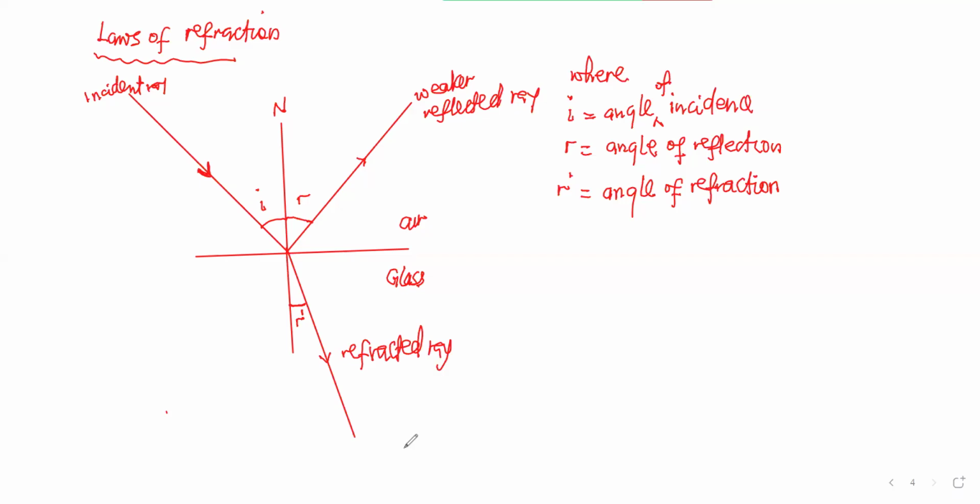If it also travels from air to water, it will also bend towards the normal. So this is exclusively for when the light is from a less dense medium to a more dense medium. Are you okay? Yes. Now let's look at the other way around, as you just asked.